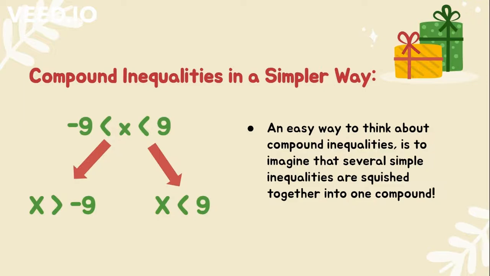When you look closely at the compound inequality, it says that -9 < x. But when you put the variable in front, x > -9, and the compound inequality already shows you that x is going to be less than 9. So an easy way to think about this is to imagine that several simple inequalities are getting squished together into one compound inequality.